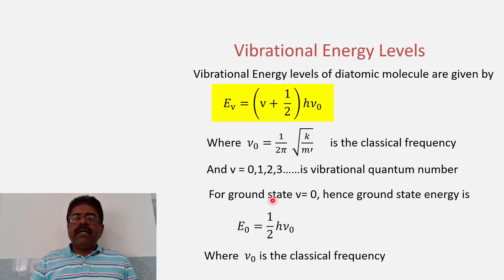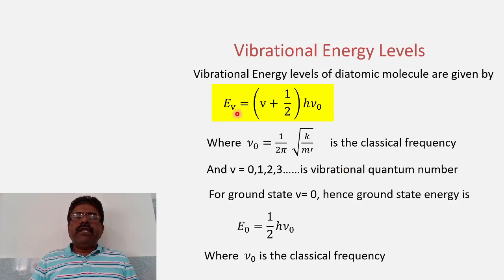Now if you consider v equal to 0 in this equation, the energy is the lowest energy, which we can also call the ground state energy of this diatomic molecule.